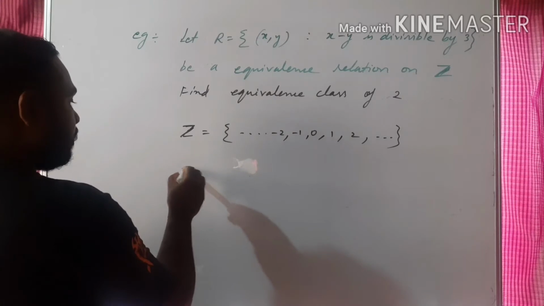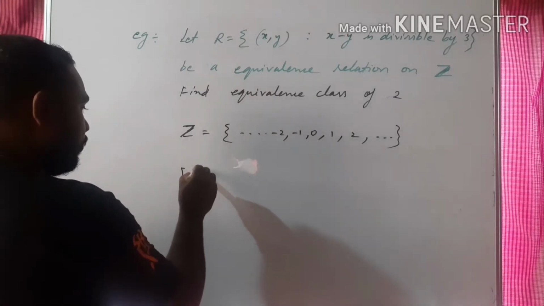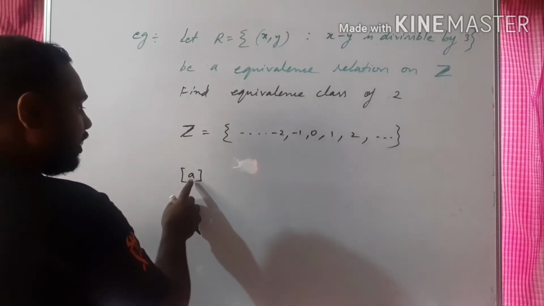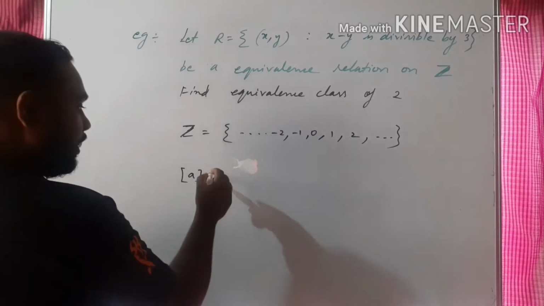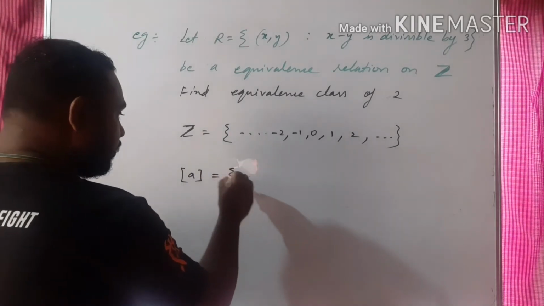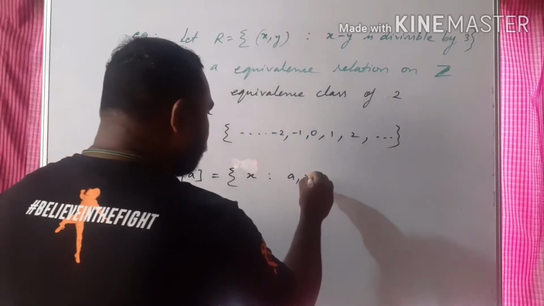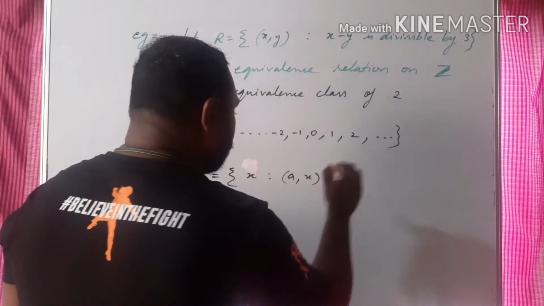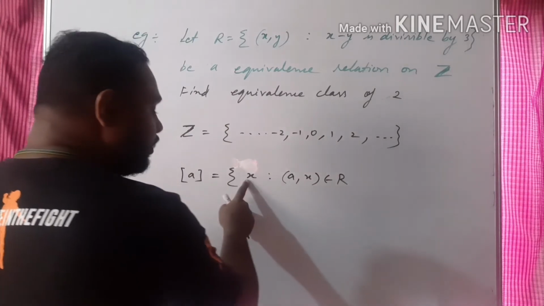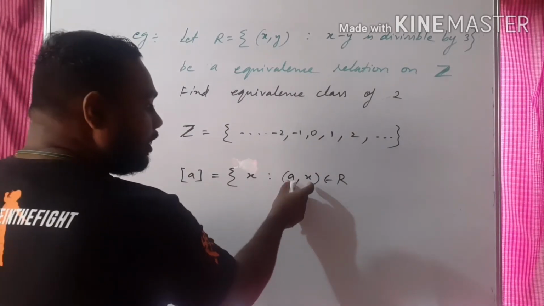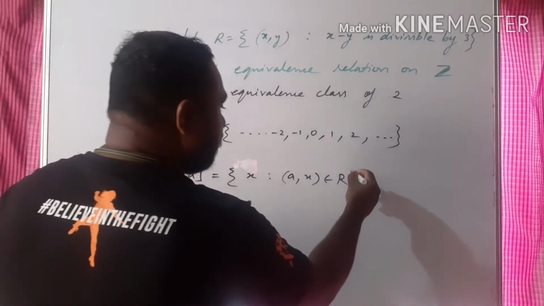So what is the formula? The class of any element a belonging to A contains those elements which are related to a. Those elements related to a means (a, x) must be in the relation.